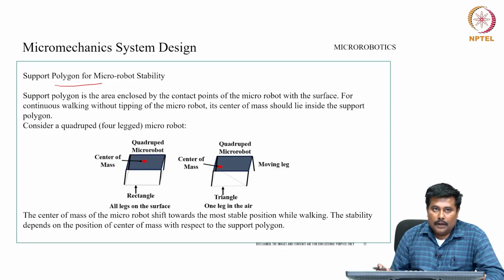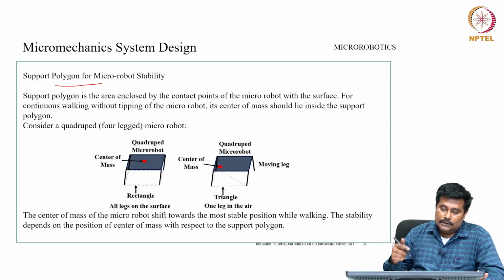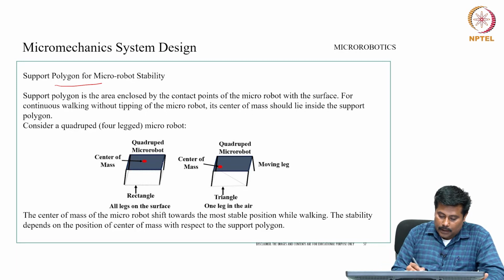The support polygon is the area enclosed by the contact points of the micro robot with the surface. For continuous walking without tipping, its center of mass should lie inside the support polygon. Consider a quadruped, four-legged micro robot.